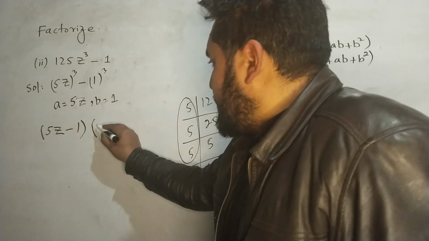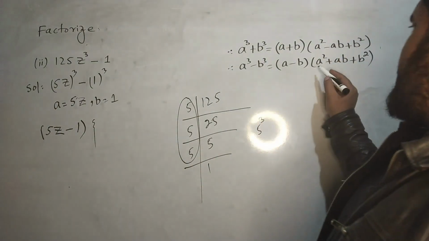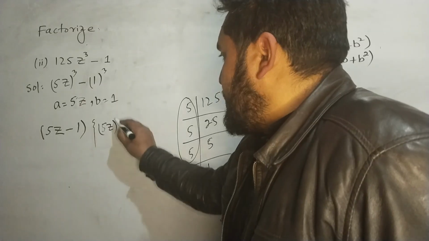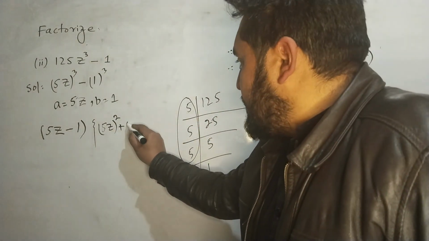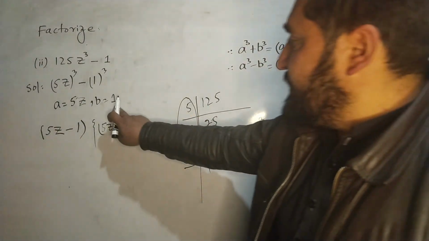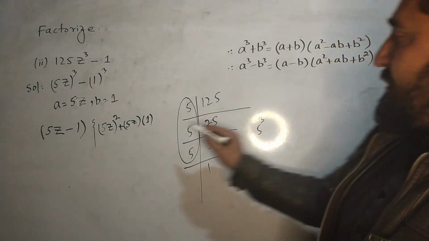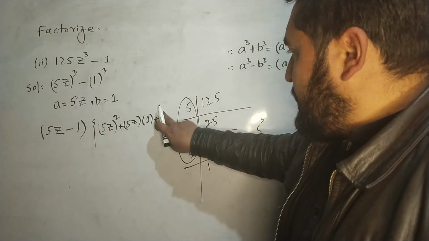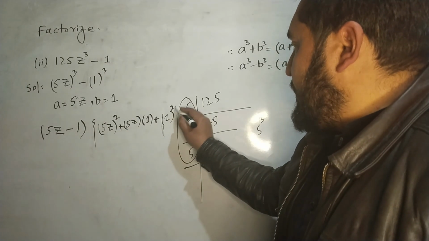Now here, what is our a? We use a curly bracket here. Our a is 5z square, plus, what is our a? Our a is 5z into, what is our b? Our b is 1, plus, what is our b again? Our b is 1 whole square.